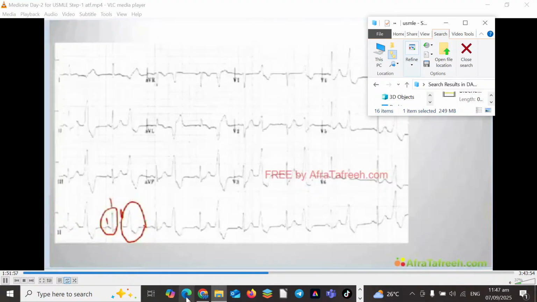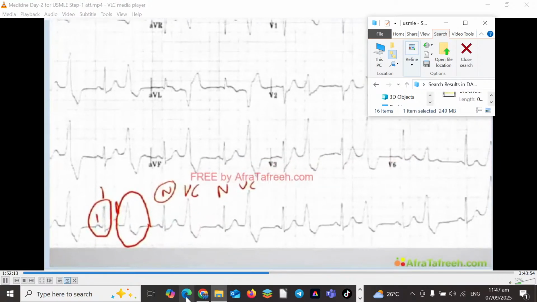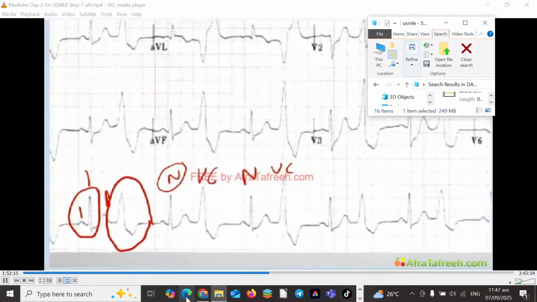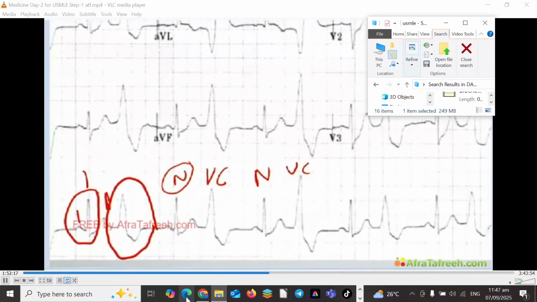So this particular rhythm, where there is a normal beat followed by a ventricular premature complex, followed by a normal beat and a ventricular complex, is called ventricular bigeminy.